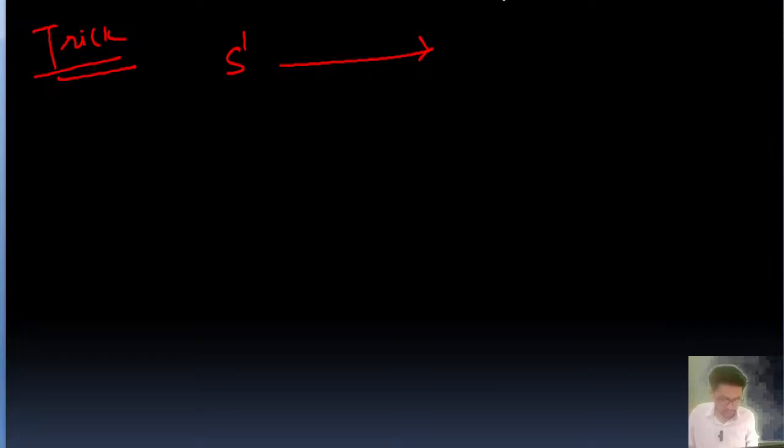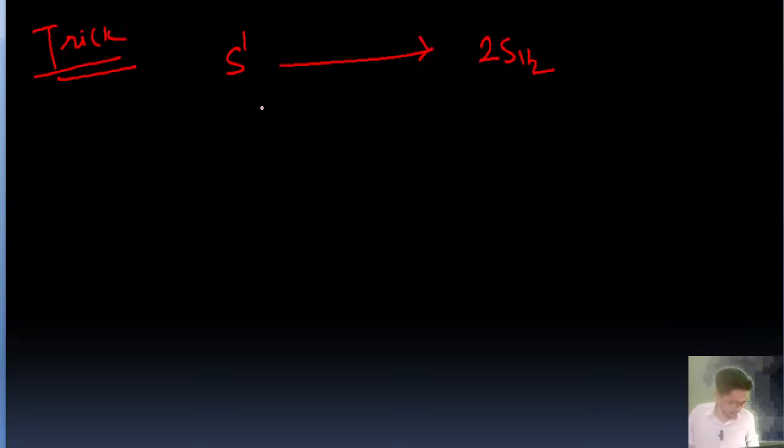So there is a trick as well. Trick I'm going to tell you. For the electronic configuration s1, the ground state term is going to be 2S1/2. You need to note down, guys, okay?